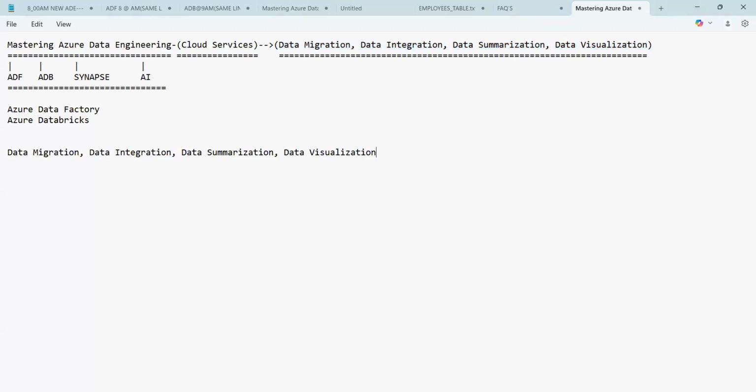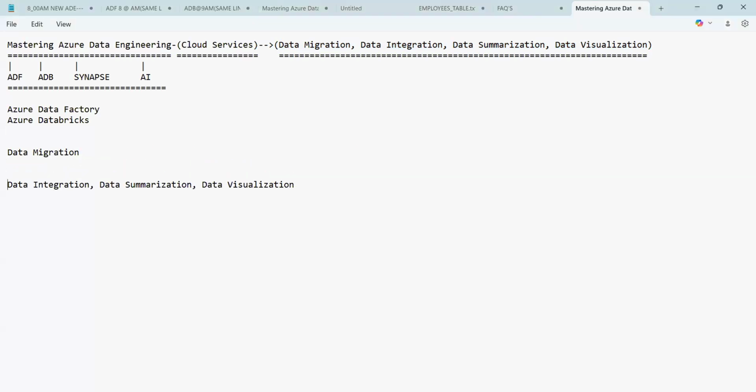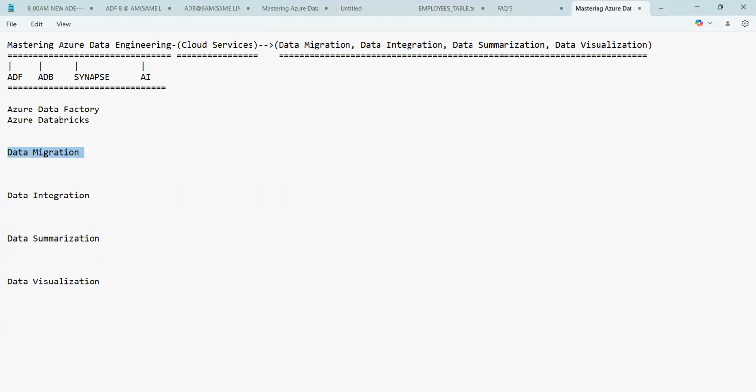Let us try to classify all of them, one by one: data migration, integration, summarization, and visualization.